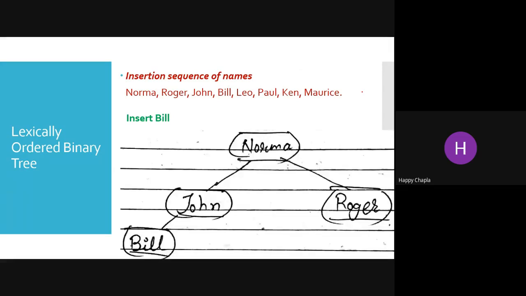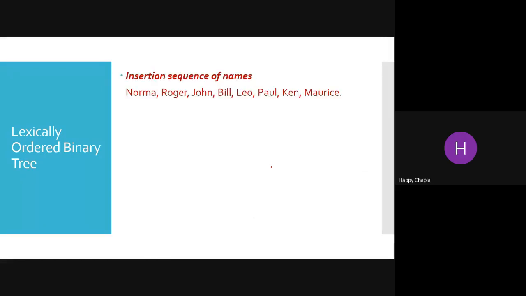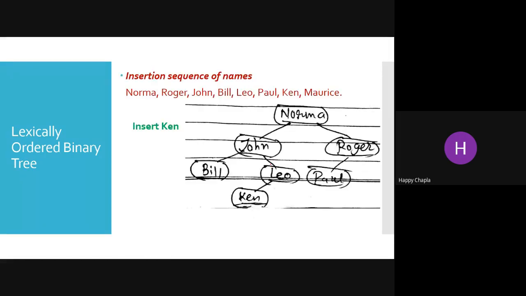Now Leo: lexically, is L greater or less than N? L comes before N in the characters, so right of John. Yes, right of John.